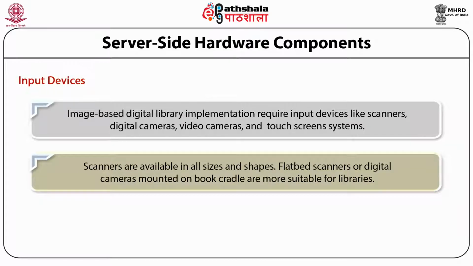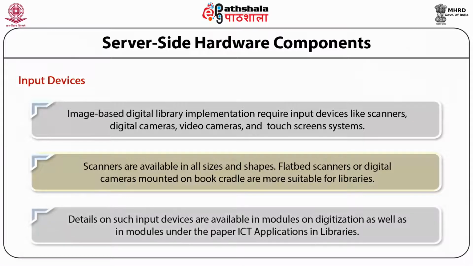Flatbed scanners or digital cameras mounted on a book cradle are more suitable for libraries. This also depends on how much collection you have and the number of objects that you are going to scan. Details on such input devices are available in modules on digitization as well as in the modules under the paper ICT applications in libraries.